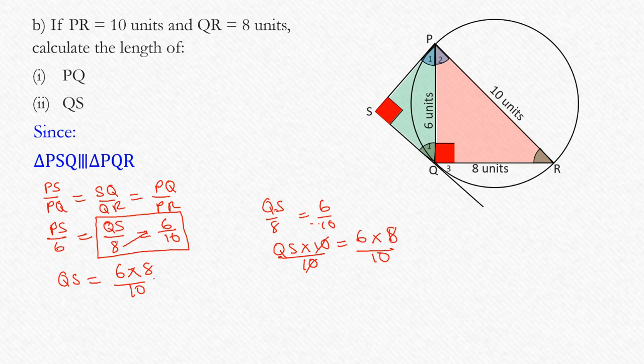You get that QS is equal to 6 times 8 over 10, and therefore QS is equal to 4.8 units. Okay, done. We've answered all the questions. We're going to meet in the next activities.